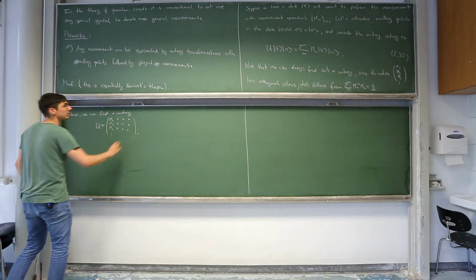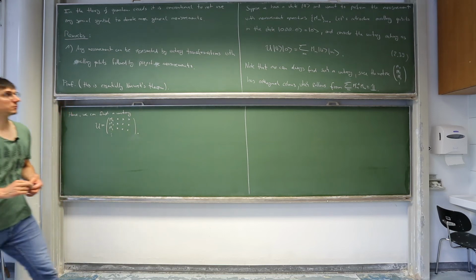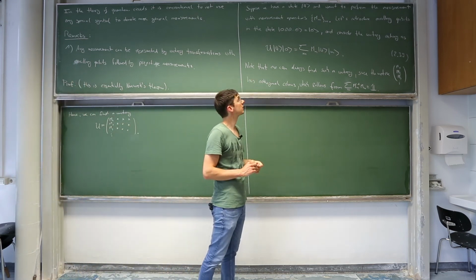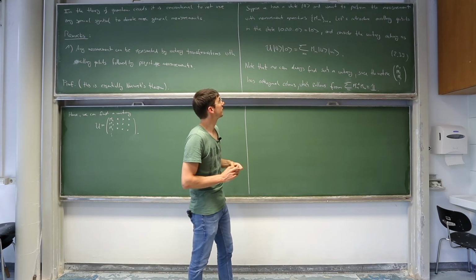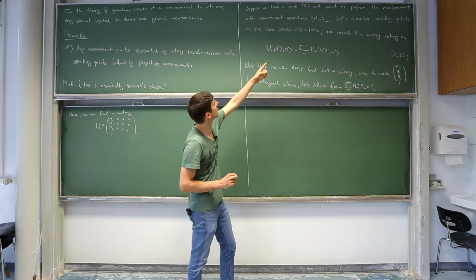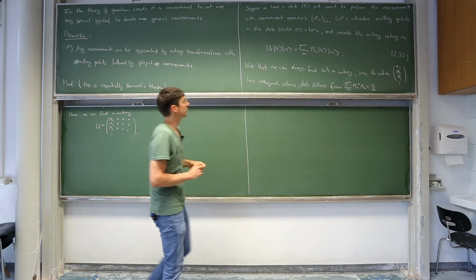Okay, and now we have this equation 239, and what we want to prove now is that if we perform a projective measurement, we get out the usual measurement statistics of these measurement operators.